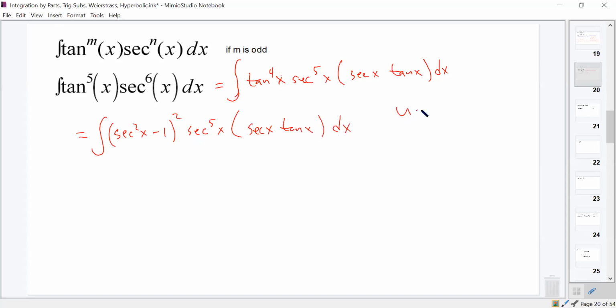And now we can make the substitution that u is equal to secant x, because everything is in terms of secant except for one little piece, which is the derivative of the secant. Good or no? Any issues with that? Any questions on that?